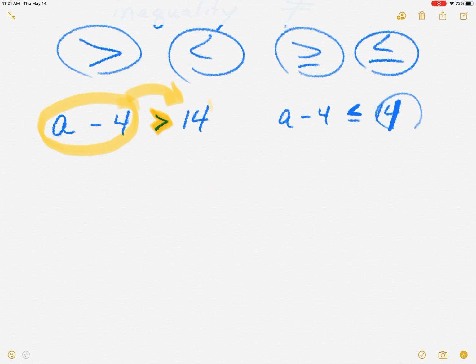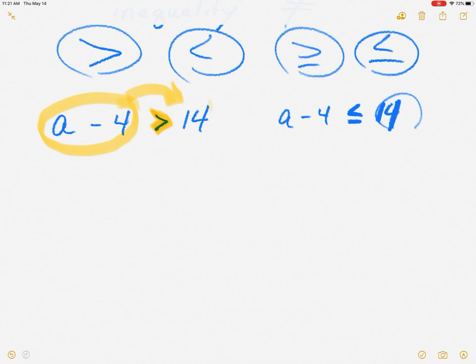So that means that 14 is larger than a minus 4. So how do we say that? Well, we read it from right to left typically, and we would say a minus 4 is less than or equal to 14.